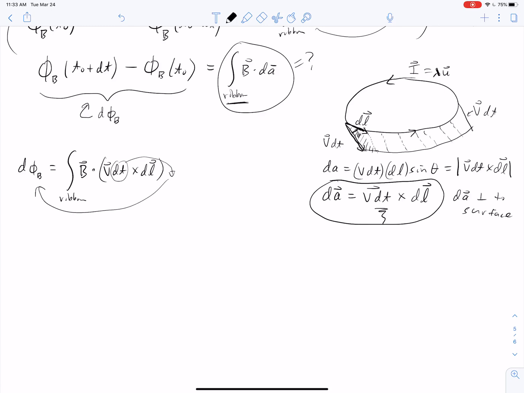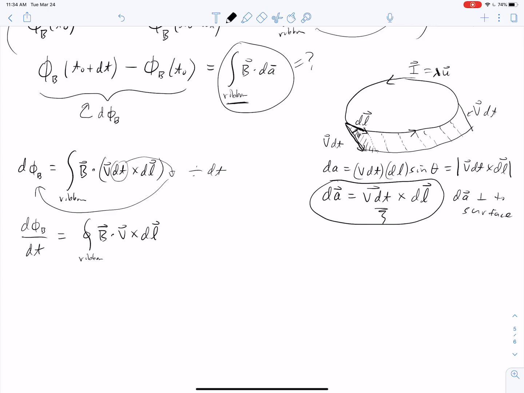Let's divide both sides by dt, and we're going to get d phi B dt is equal to the integral over the ribbon, and it's circulating the whole ribbon, so I'll draw it like that, over the ribbon of B dot v cross dl. I did it again. Can't seem to stop doing that. Okay. So that's a really cute little relationship that we've derived.